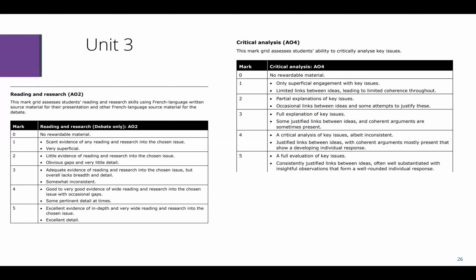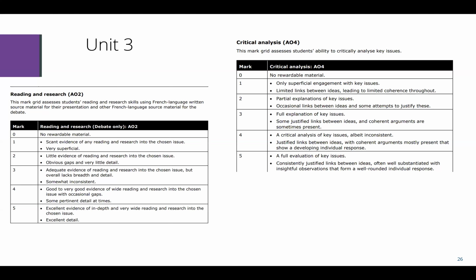And we've talked about spontaneity, so we don't really need to talk about that again. There's also a mark scheme about the quality of language. You know, there are two of those, if you recall. One is for looking at the range of vocabulary and the range of structures that they use. And then there is a mark grid equally for the accuracy of those two things.